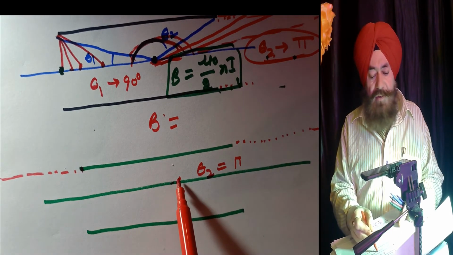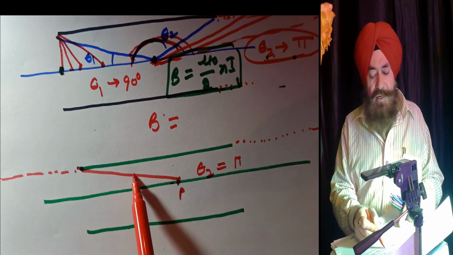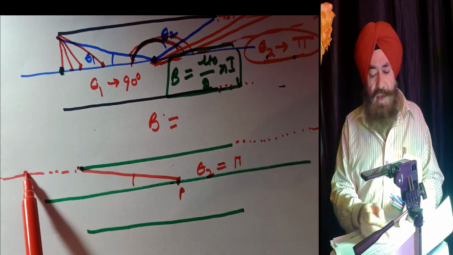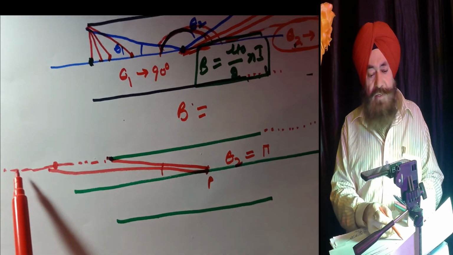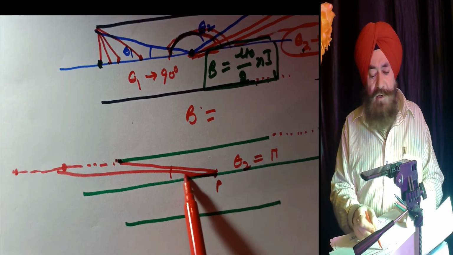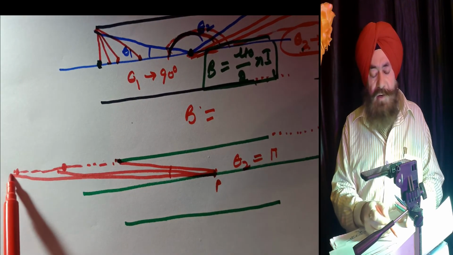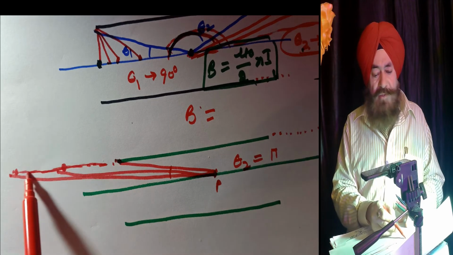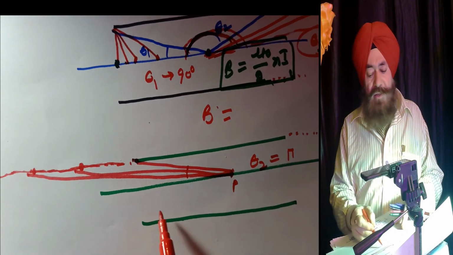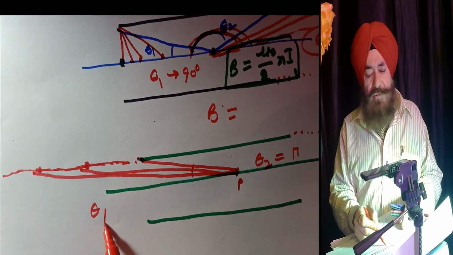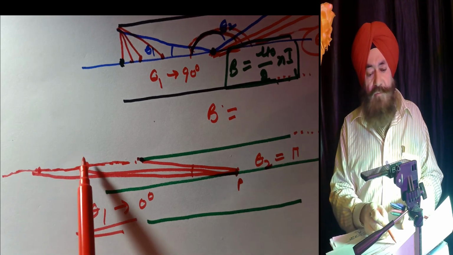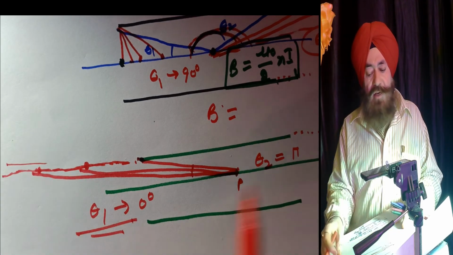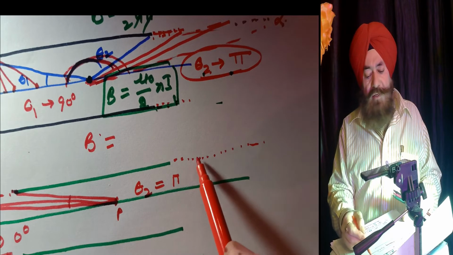If this is the end, this is theta 1. If this is the end, theta 1 decreases. If this is the end, theta 1 decreases still further. So if it becomes infinitely long, then theta 1 goes to 0 degrees. Infinite along this side, 0 degrees. Infinite along this side, pi.